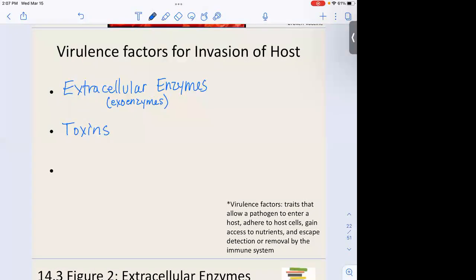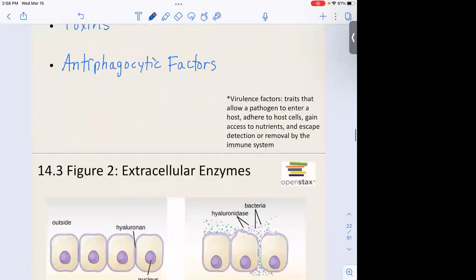There's a couple different kinds of toxins that we'll talk about, and anti-phagocytic factors. Okay. All right, so in terms of invading deeper into the host or invading into host cells, here's 3 different kinds of virulence factors that are going to be important. So let's look at some examples of each.